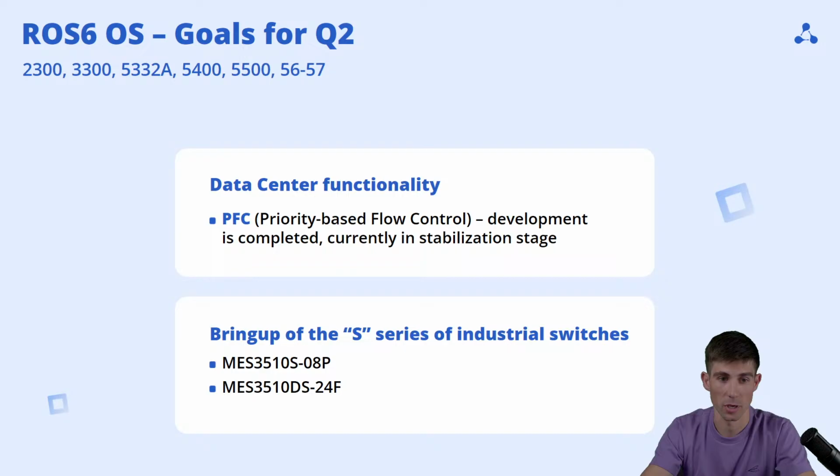And with priority flow control, it basically means that different types of traffic have different priorities, and we can keep on sending important types of traffic, such as VoIP or different types of streams, and pause less important types of traffic.